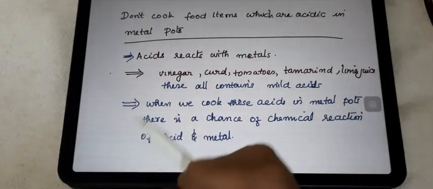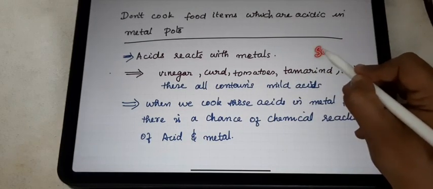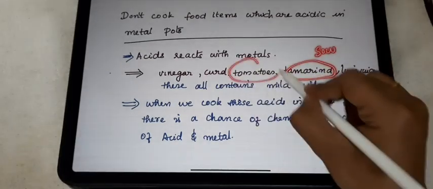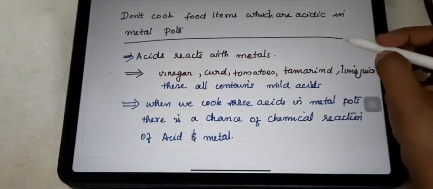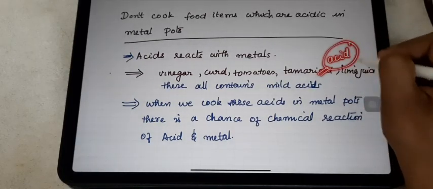They advise using an earthen pot for preparing that food. What's the reason? Because there is a reason. If there is a sour-tasting substance like tamarind, tomato or curd used in the preparation, it surely contains acid.